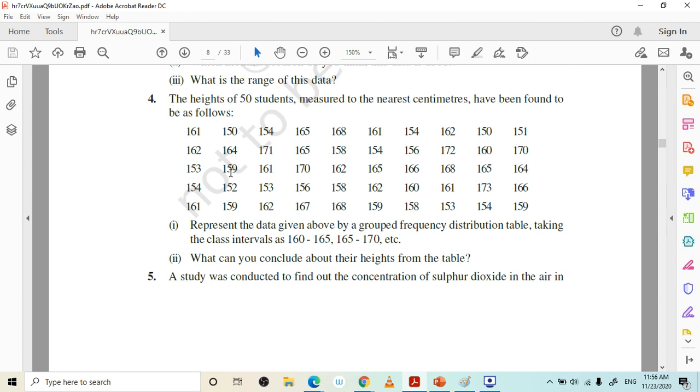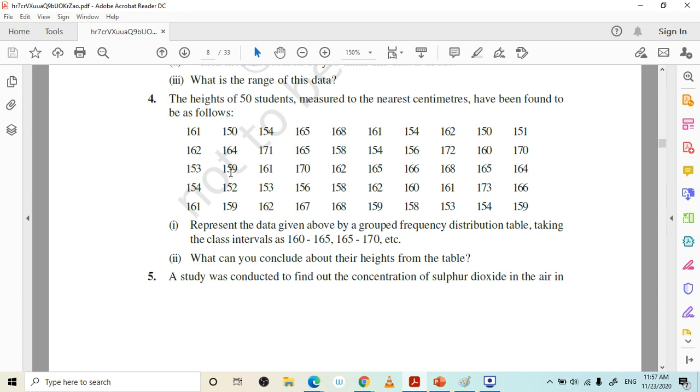Actually see, the conclusion depends on you, on how you look at it. For example, one conclusion from my side: in a particular class interval, for example 165 to 170, you can consider how many students are there.